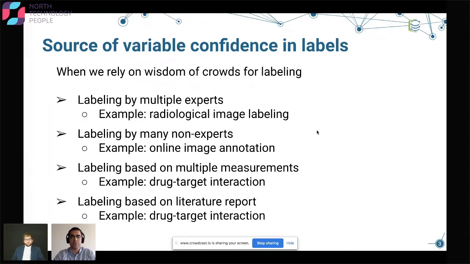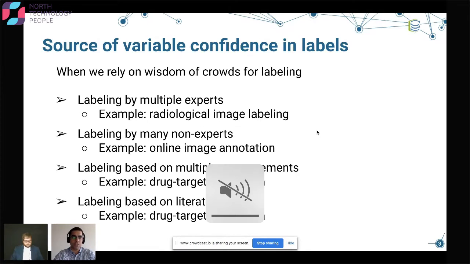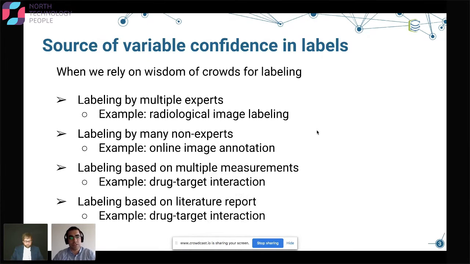It could be confidence that we have because of expert annotation, for example, in radiological images or pathological images. We can have perfect or maybe a little bit different annotations of images. So that's fine. And we can have non-expert annotations.